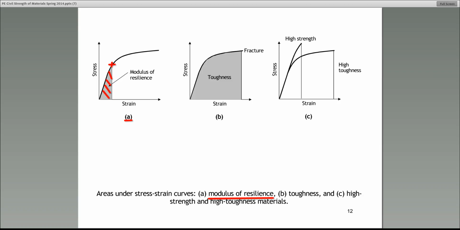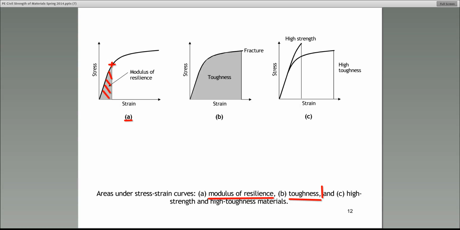That's simple as that. Another way of explaining it, it is the amount of energy that it takes to bring a material to yield.